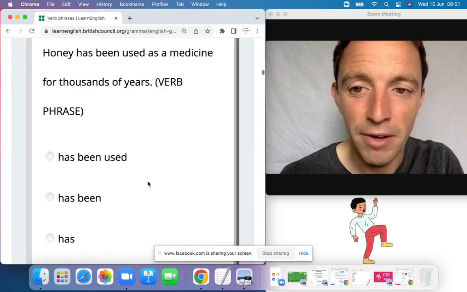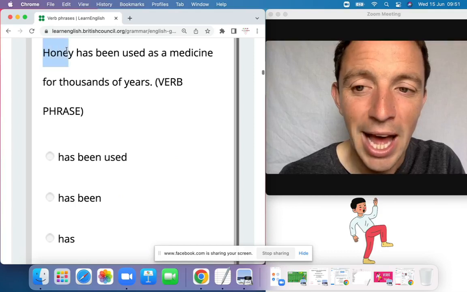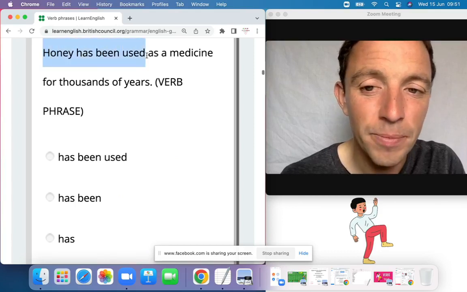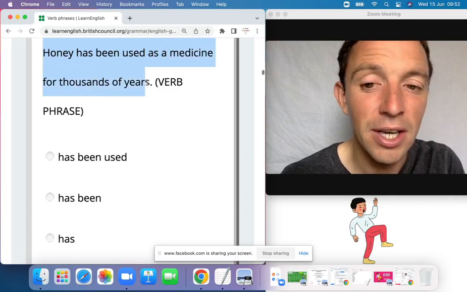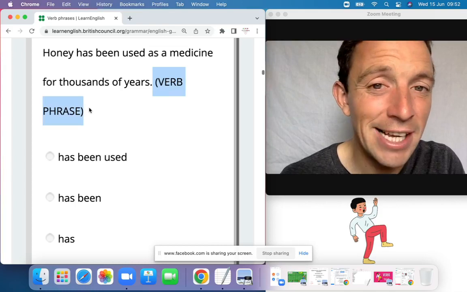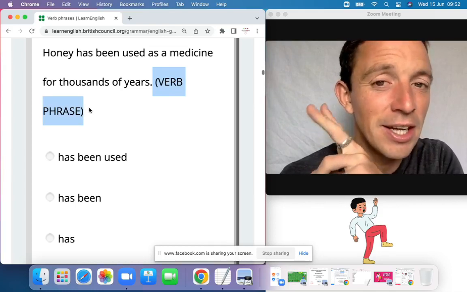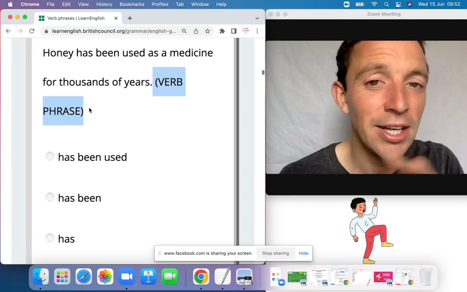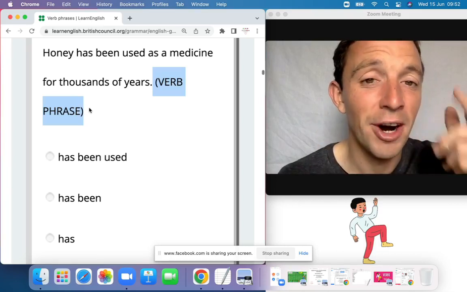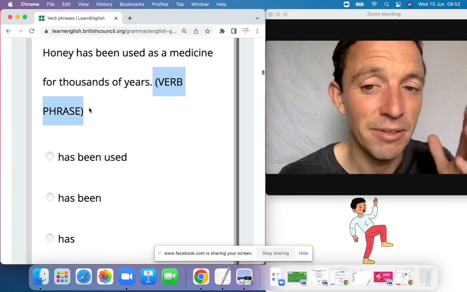And we have: honey has been used as a medicine for thousands of years. We need the verb phrase, not the auxiliary, not the modal, not the participle, not the ing, not the main verb. We need the verb phrase. It's different.